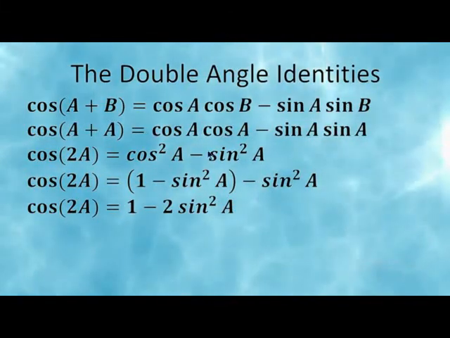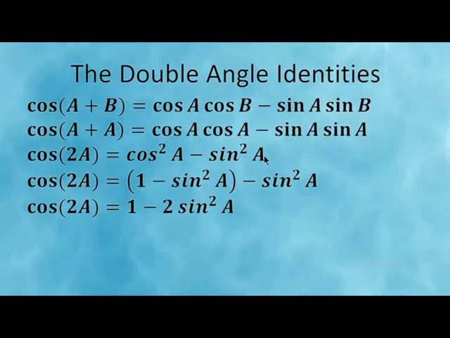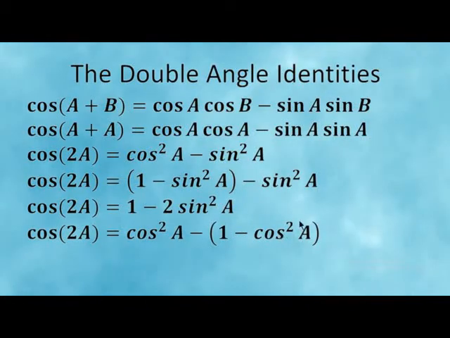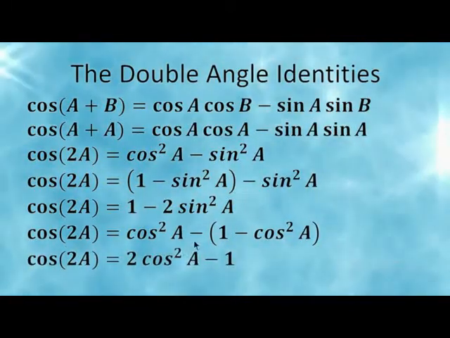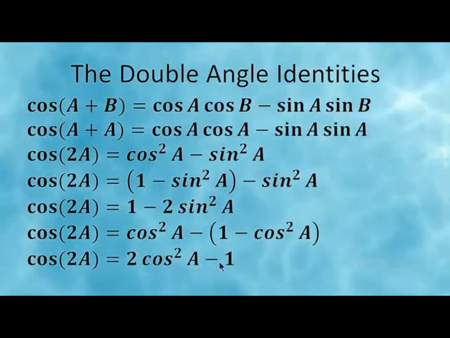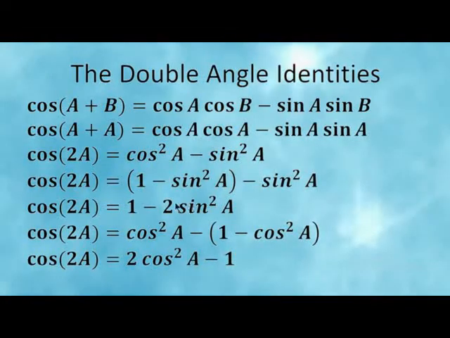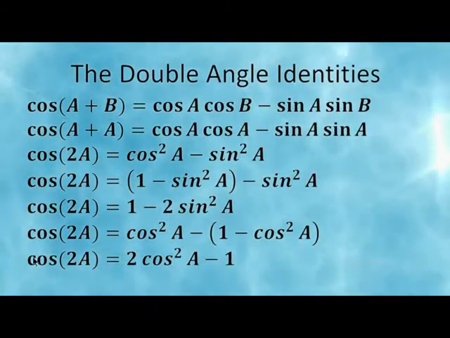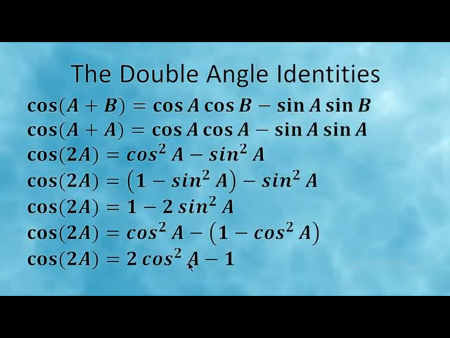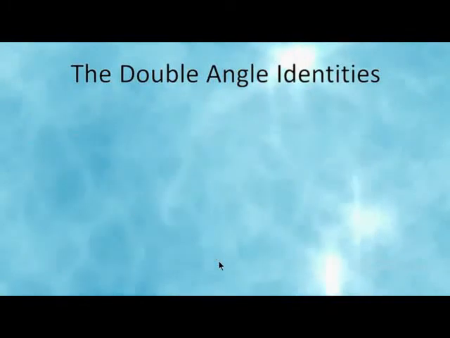And also we can exchange sine square A with 1 minus cosine square A. So cosine 2A equal to 2 cosine square A minus 1. We have two formulas for the double angle for cosine: cosine 2A equal to 1 minus 2 sine square A, or 2 cosine square A minus 1.